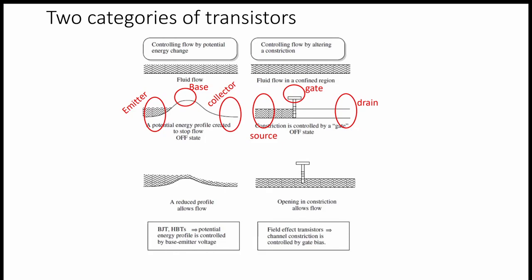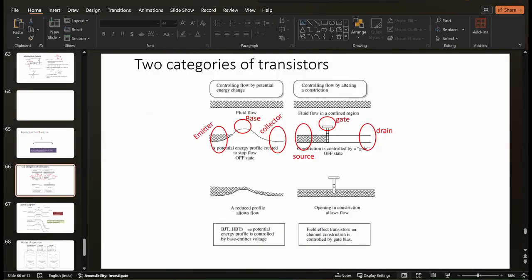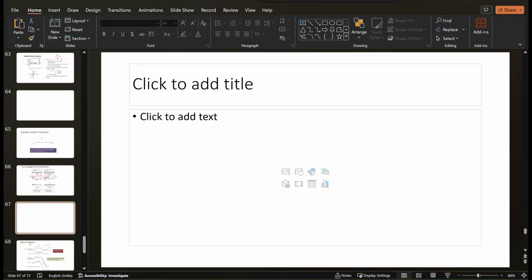One more thing. So this is a kind of NPN transistor. This BJT is nothing but two PN junctions, back to back PN junctions.